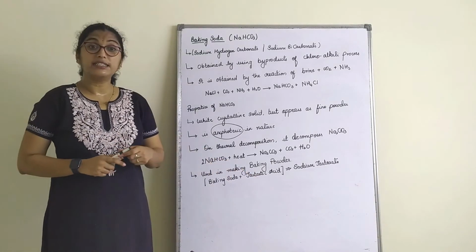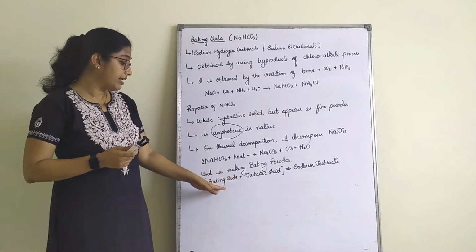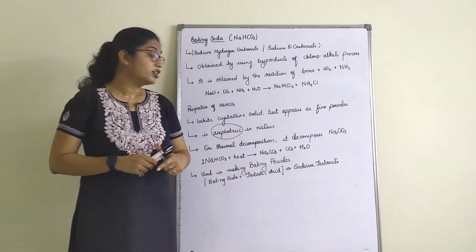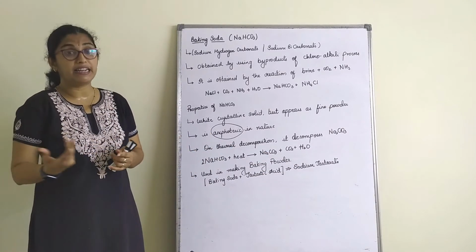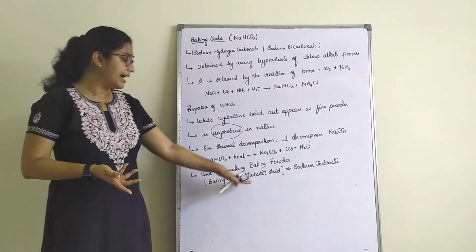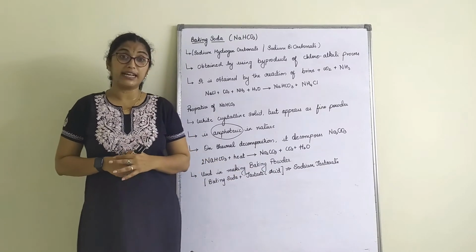Now tartaric acid is present in tamarind, right? So together when we add baking soda and tartaric acid, we get sodium tartarate. We usually do not get sodium tartarate readily available. We have to prepare it. How do we prepare it? By adding baking soda and edible acid, that is tartaric acid.